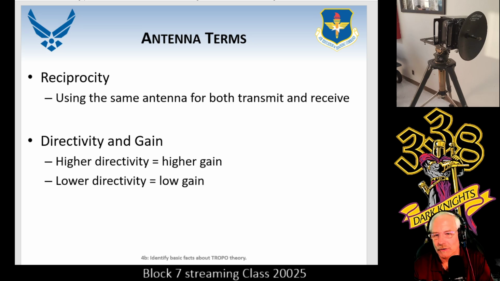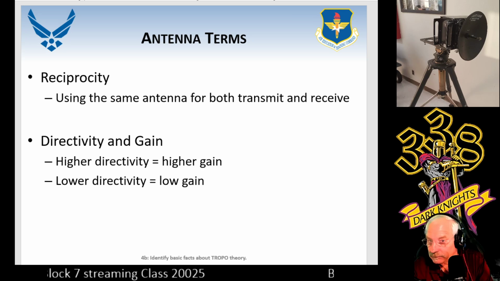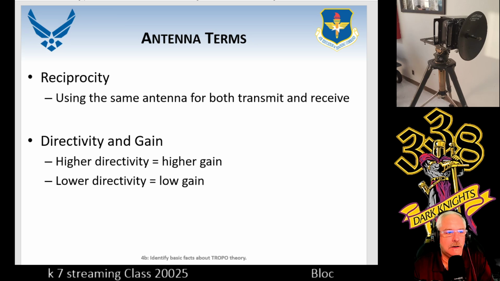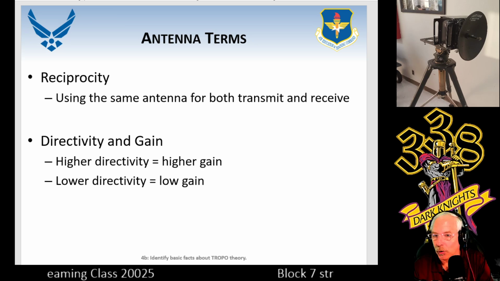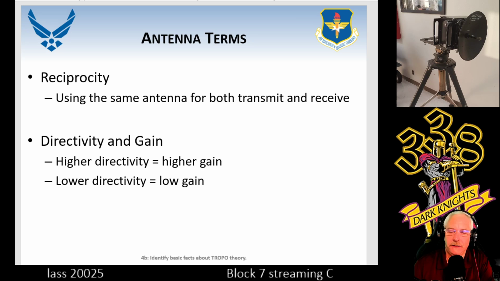It's a very directional antenna, not as directional as a dish, but it looks like an antenna that points in one direction. Unidirectional antenna. Well, that has a high gain compared to a vertically polarized whip antenna, doesn't it? So the better directivity, the higher the gain. Lower directivity, the lower the gain.